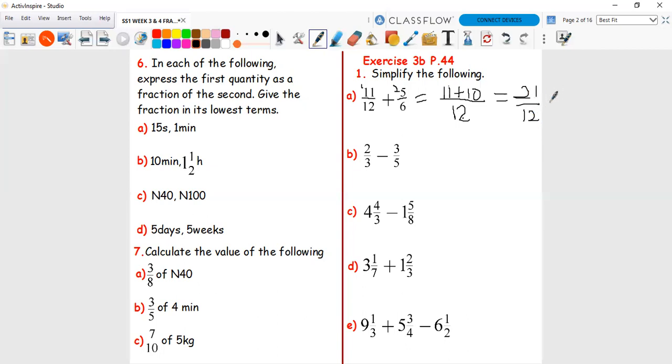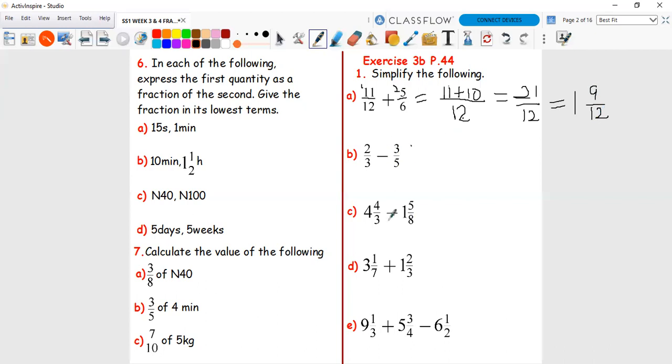Of course, you will get only 1. And when you subtract 12 times 1 from 21, whatever you have left is what you write over 12. That's 9 over 12. For subtraction, you follow the same process.